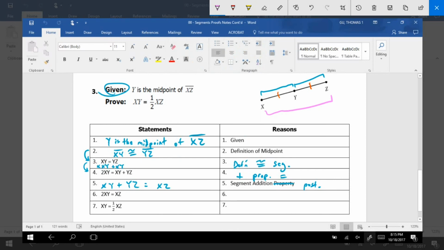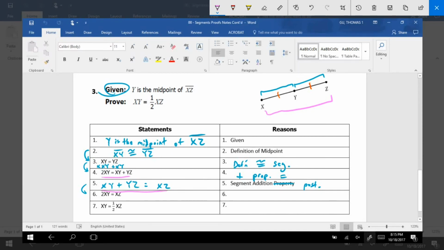All right. So now from step 5 to 6, we have XY plus YZ equals XZ, and suddenly we've got 2XY equals XZ. How do we do that? Well, if you look back in step 4, you can see that 2XY equals XY plus YZ. And then in step 5, we had XY plus YZ equals XZ.